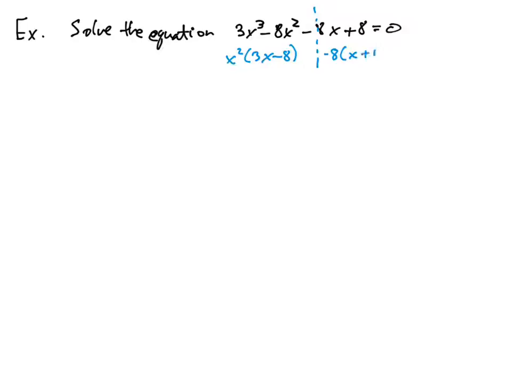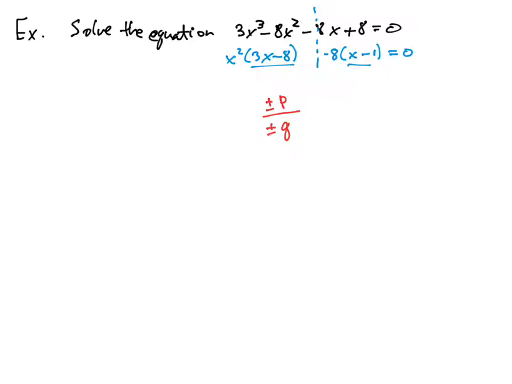We have x plus 1, or minus 1. The point is that those factors are not the same, so we cannot factor this by grouping. So we need to use the rational root test to figure out if there are any rational zeros.